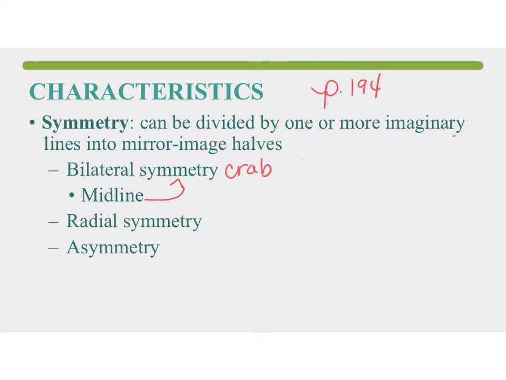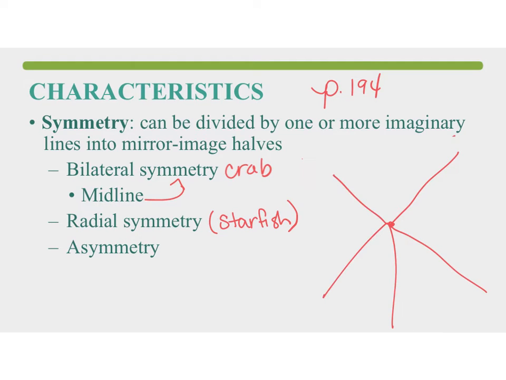Now, radial symmetry. Radial symmetry is basically, they say to think of it as a bicycle wheel. An example is a starfish. Think of something that radiates around in a circle, starting at a center point, and then you have lines of symmetry this way, that way, that way.